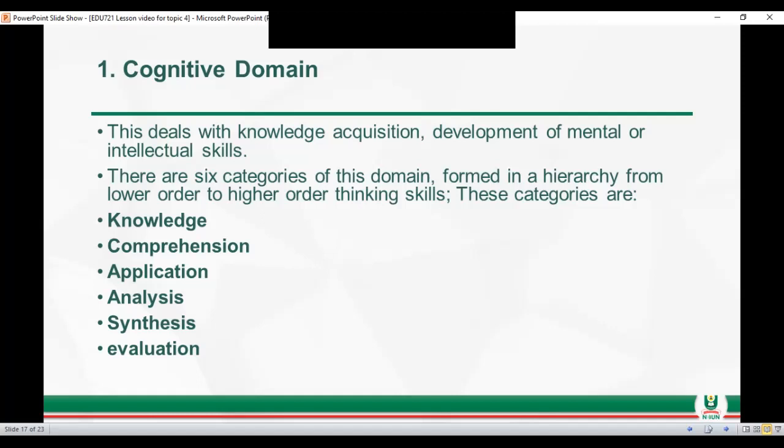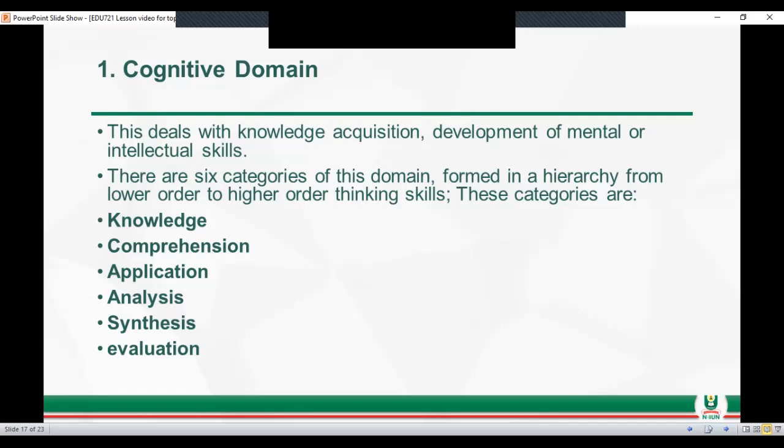So what this means is that the first ones must be mastered before the next one can take place. You cannot understand a concept if you do not remember. That is the knowledge level, the remembering level. Similarly, you cannot apply knowledge and concepts if you do not understand them, that is comprehension.